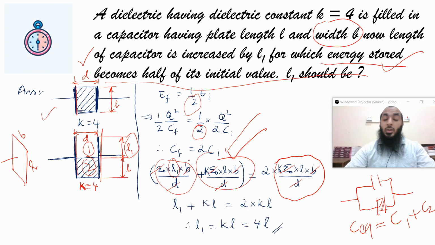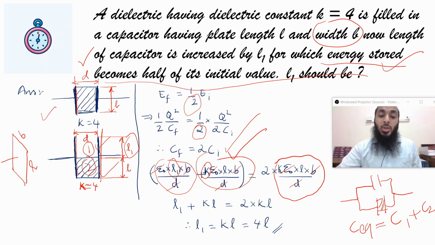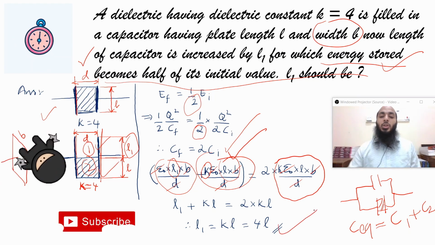So epsilon naught L1 into B divided by D, that is the capacitance here. And now the capacitance below will be K epsilon naught, because dielectric constant K is kept inside. So it will be K epsilon naught into area, which will be L into B divided by D. Now if you rearrange them, you will finally get L1 equal to 4L.